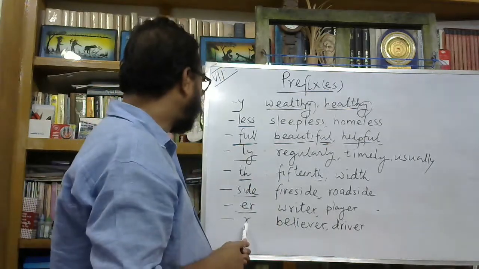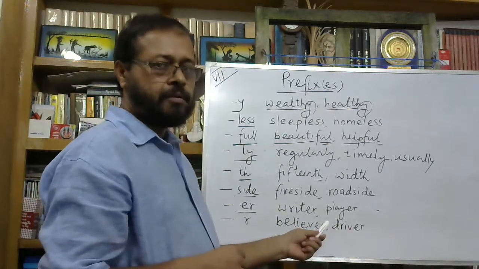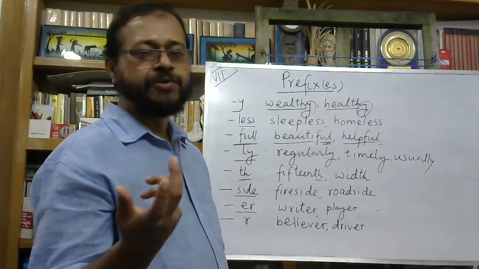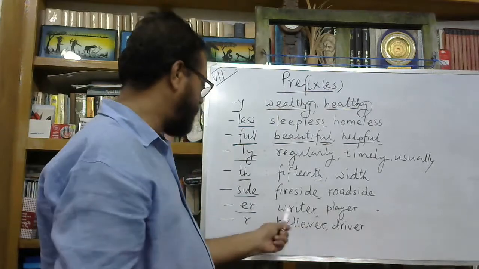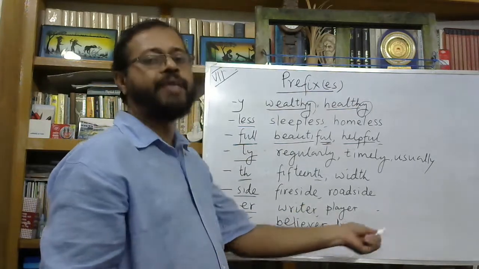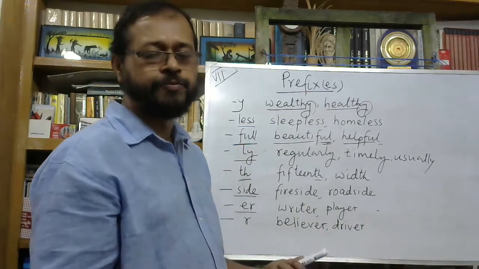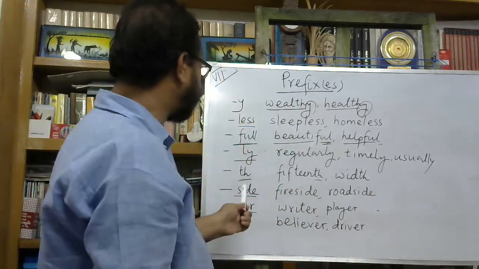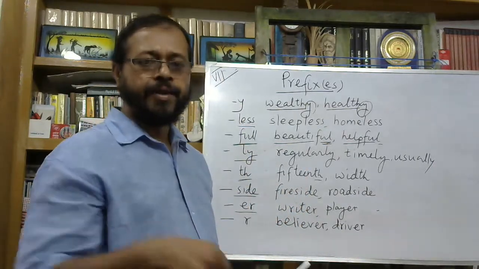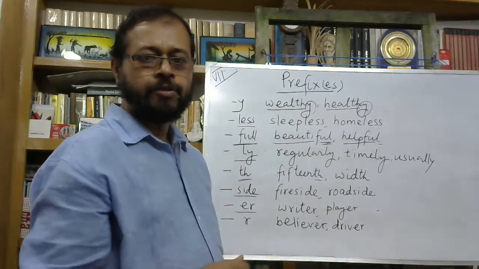Then only r, the verb that ends with e takes only r. The same thing happens here. Writer, like believer, driver, one who drives, one who believes. So only r, these suffixes are given in your text.